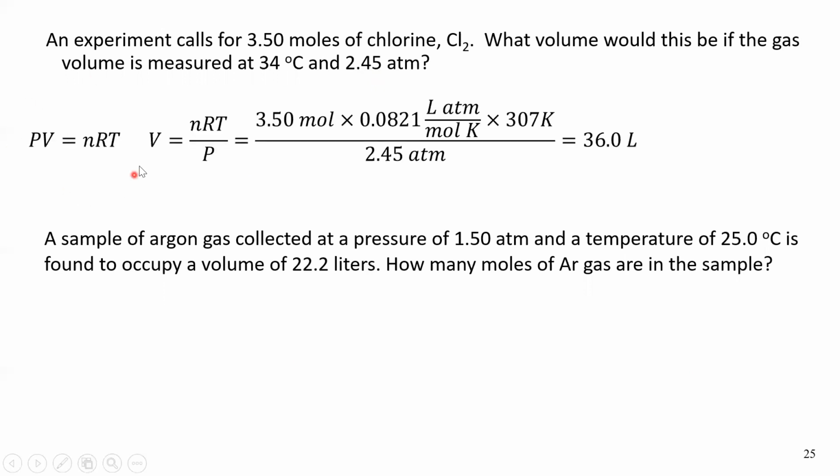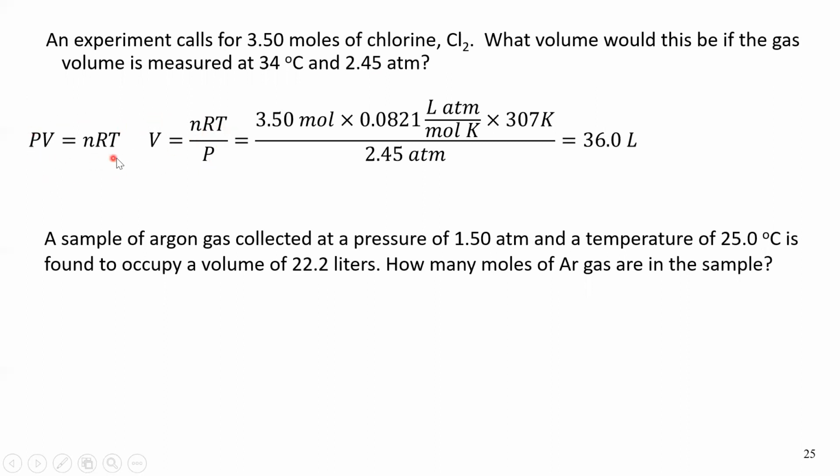So we're going to use our ideal gas law. If we look at the problem, we're given the amount of gas that we have. We're given the temperature and we're given the pressure. So we can calculate the volume by manipulating our ideal gas law.